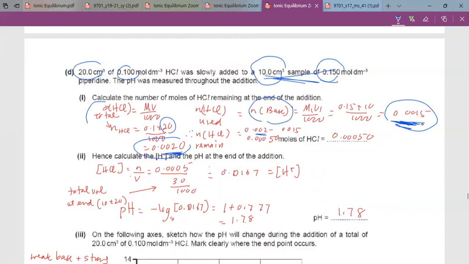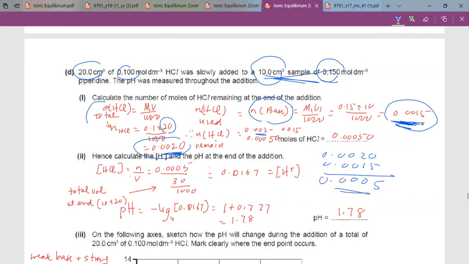It's 0.0005, so 3 zeros. If I can make a mistake, you also can make a mistake.